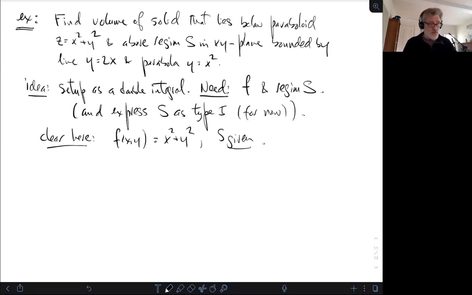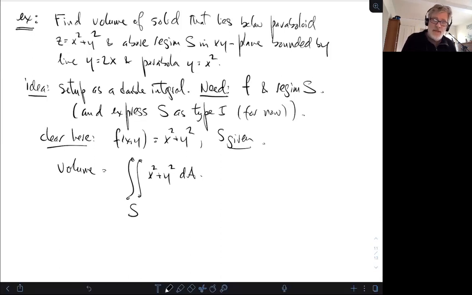Okay, so our volume will be the double integral over S of x squared plus y squared. Okay, so that's what we're trying to compute. To compute that, if I can manage to express S as a type 1 region, I can use the last result, and it should be fine.